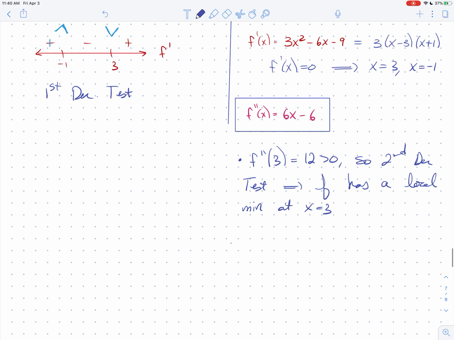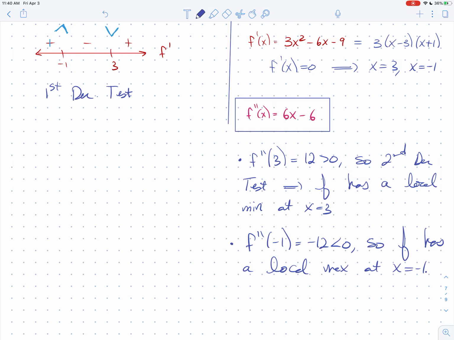And then secondly, f double prime of -1 is going to be -12. That's negative, so f has a local max at x equals -1.